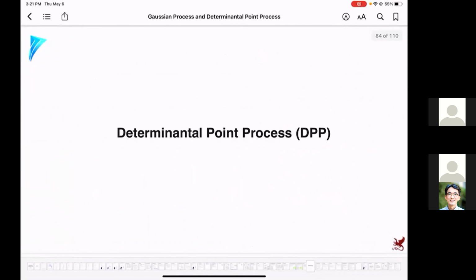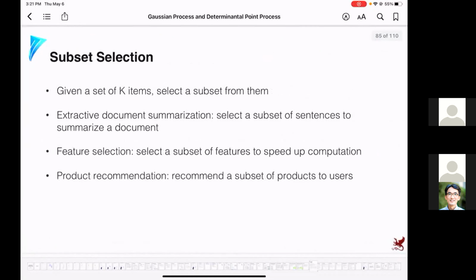For DPP, it's used less often, but I think the idea is pretty elegant, so we can also talk about it. From the name, we can see determinantal, right? So it is related to the matrix determinant. So let's see what it is.